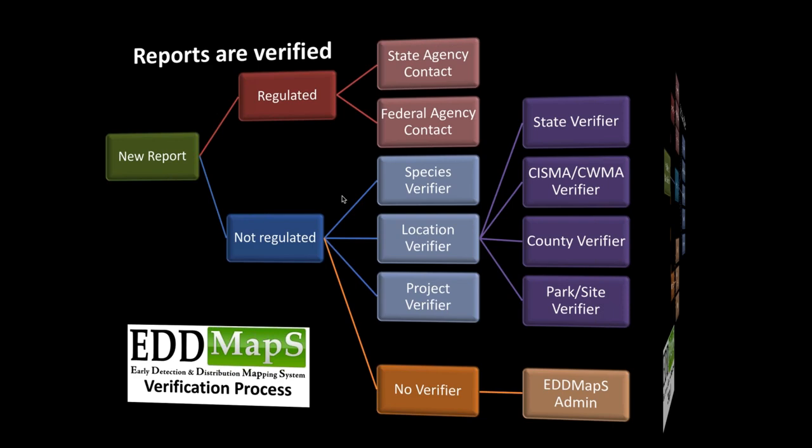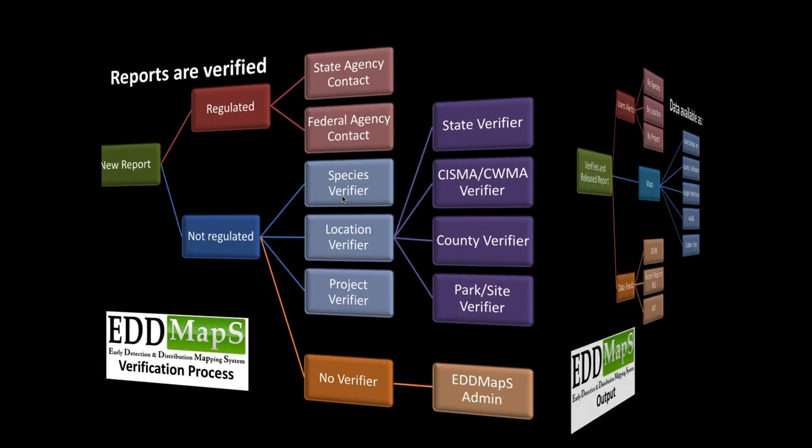It may be a certain location. I'll verify invasive species for this county, for example, or maybe a certain project. And we have verifiers at all different levels, state verifiers, SISMA or CWMA verifiers, county verifiers, and so on. If there's no verifiers in an area, Florida, that's not an issue for Florida, but if that was the case, then it comes to us to verify.